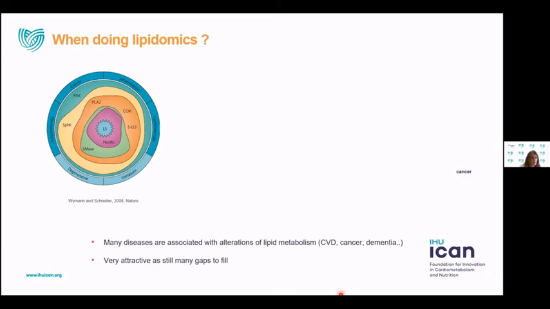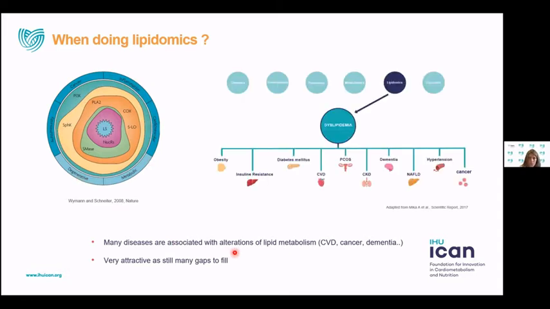When will it be relevant to run lipidomics analysis? As we said before, lipids are involved in many cellular signaling pathways, as you can see here. And all of these pathways can result in many different pathologies. So basically, any disease that will imply dyslipidemia or where lipid metabolism will be altered, then it will be relevant to run these approaches.